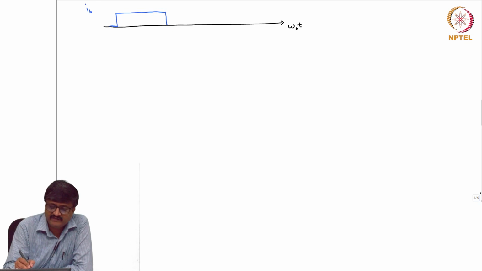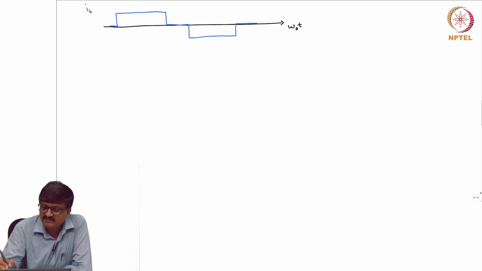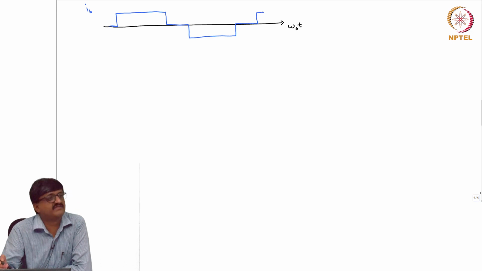For how long does it remain at 0? 60 degrees. Then after 60 degrees it again goes to minus ID and remains at minus ID for 120 degrees. Then again it goes to 0, remains at 0 for 60 degrees, and then it becomes ID again and the cycle repeats.